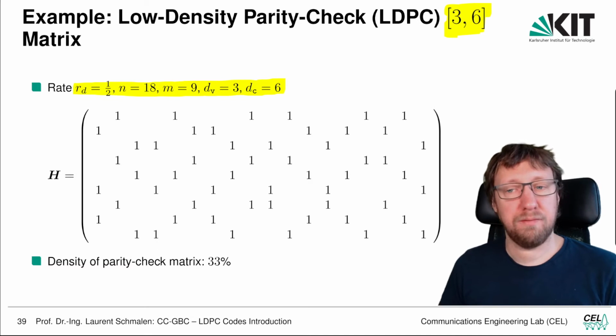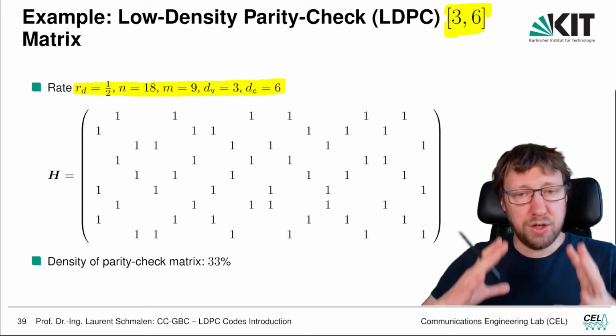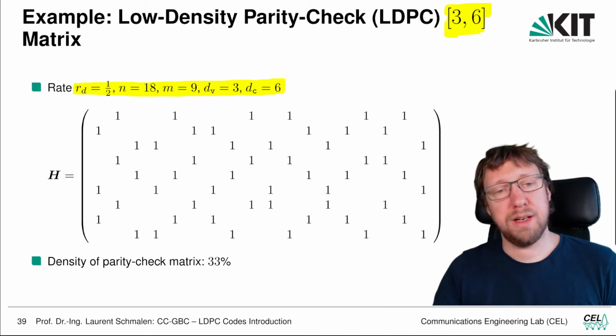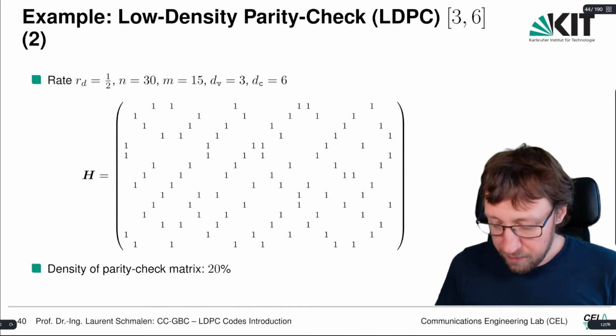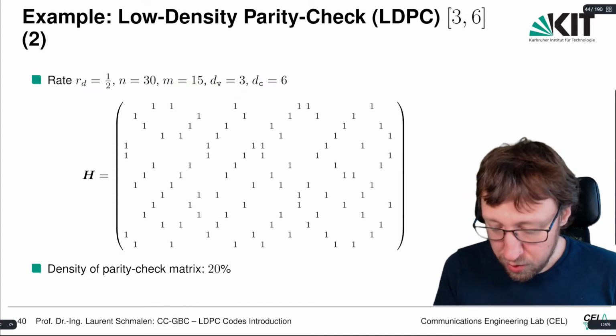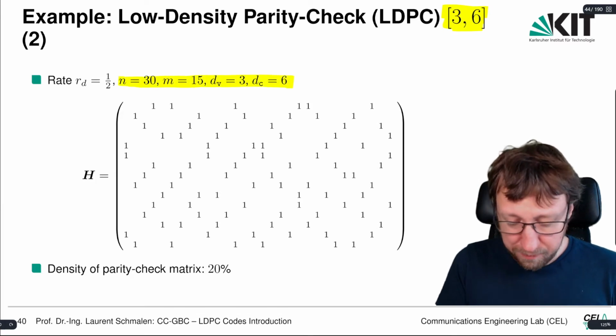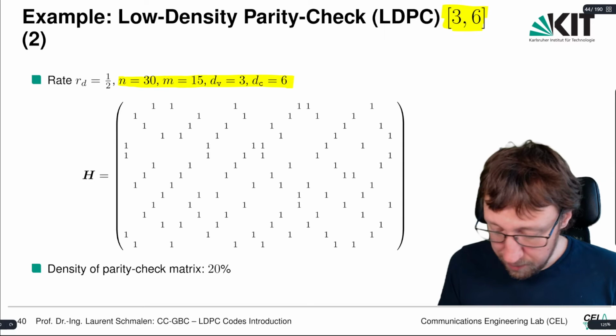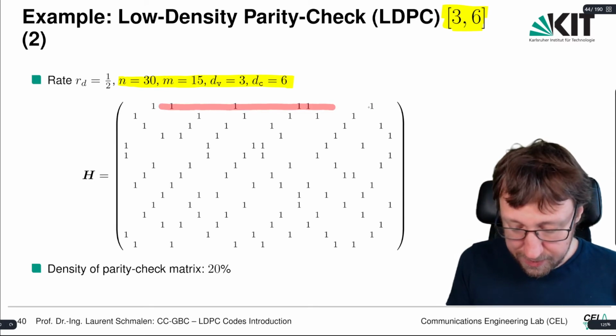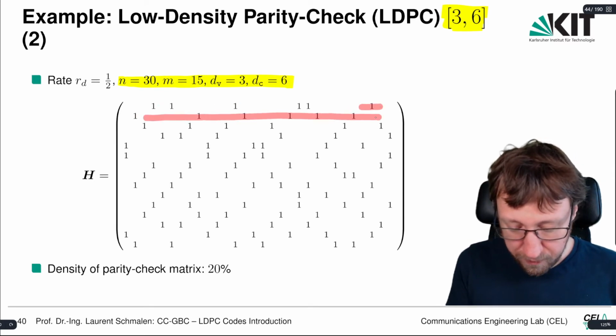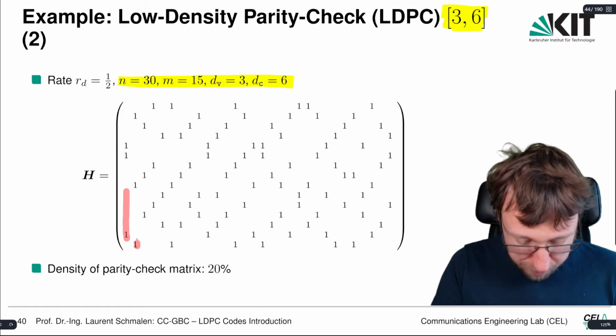So let's look at a larger matrix, blowing up this matrix a little bit. Same parameters, 3 and 6, now n is equal to 30, m is equal to 15. Still 6 ones per row and 3 ones per column.